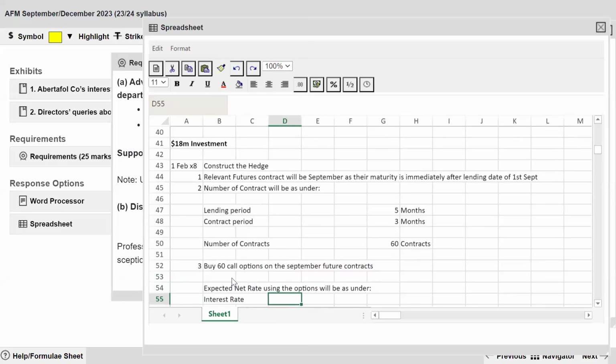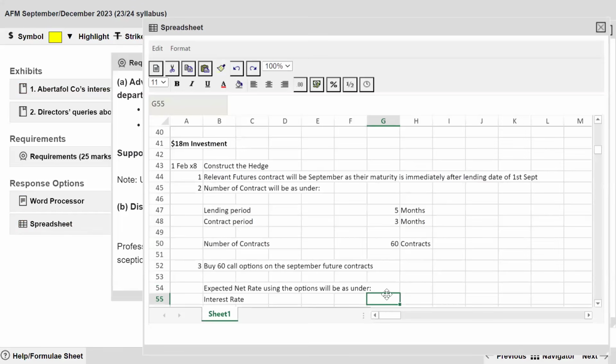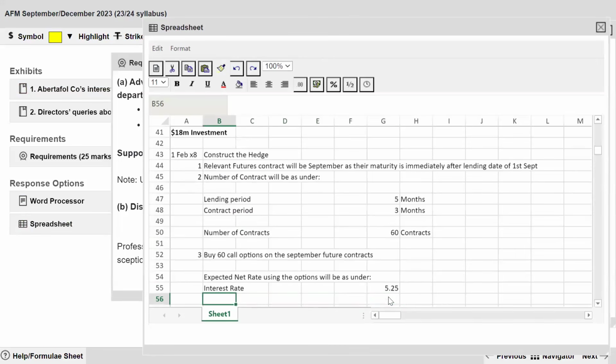Interest rate is going to be 100 minus 94.75, right? Call premium is going to be this.